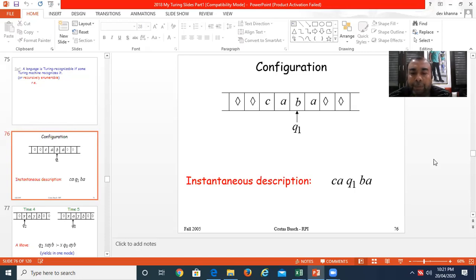So this tape can be written as CA Q1 BA. It means that we have read C and A from the input tape. You are just going to read B from the input tape, the current state of the machine is Q1, and after B, you will read A from the input tape. Okay.